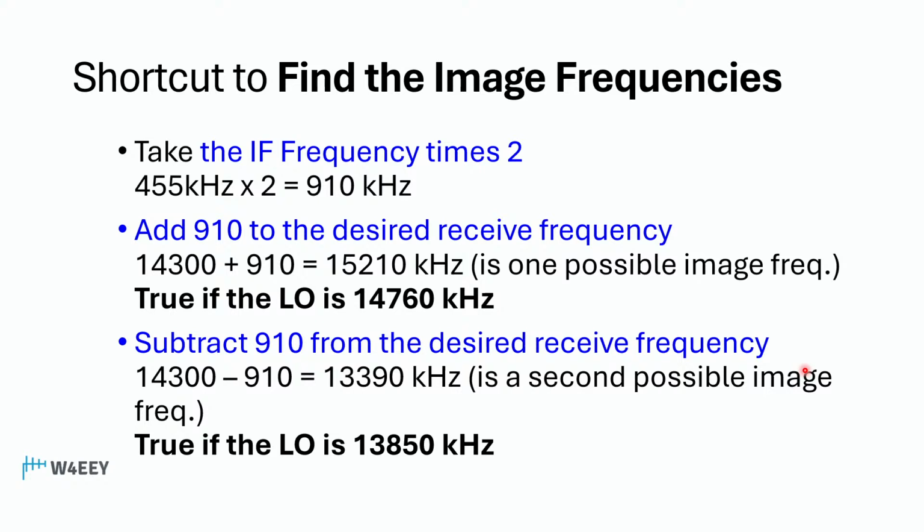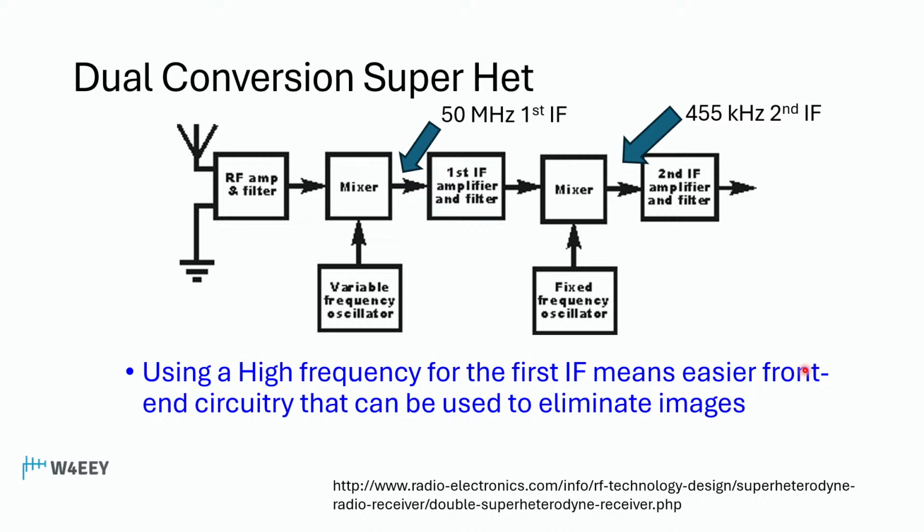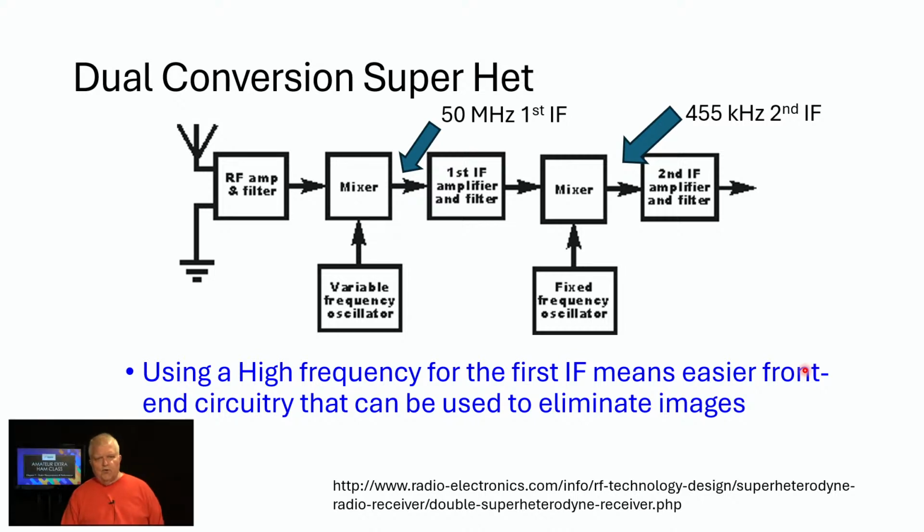Now, most ham radio manufacturers have long ago moved away from single conversion receivers, although you'll still see them, like the Radio Shack DX150A. You'll still see those at Hamfest. Those are single conversion. They've moved to what they call double or dual conversion, or even triple conversion radios. And what they do here is you have your RF signal coming in.